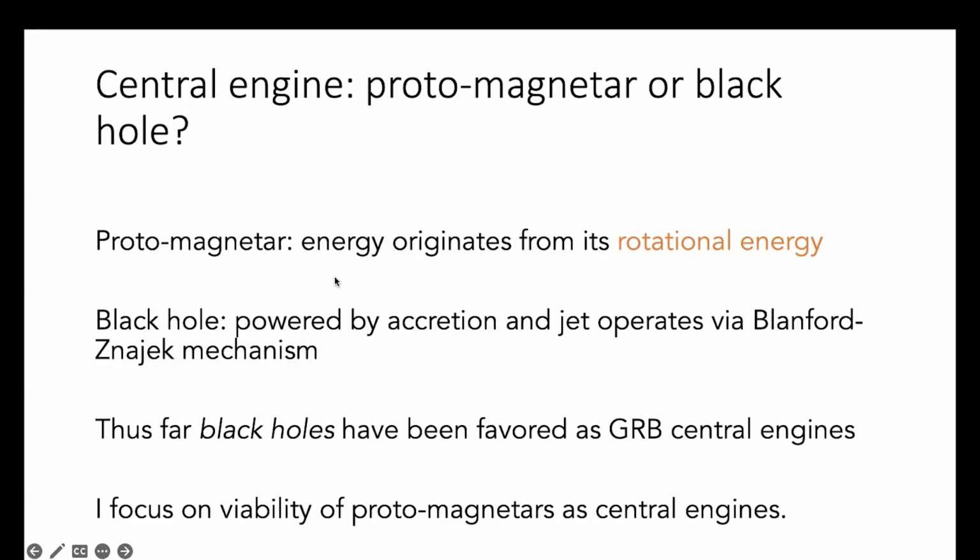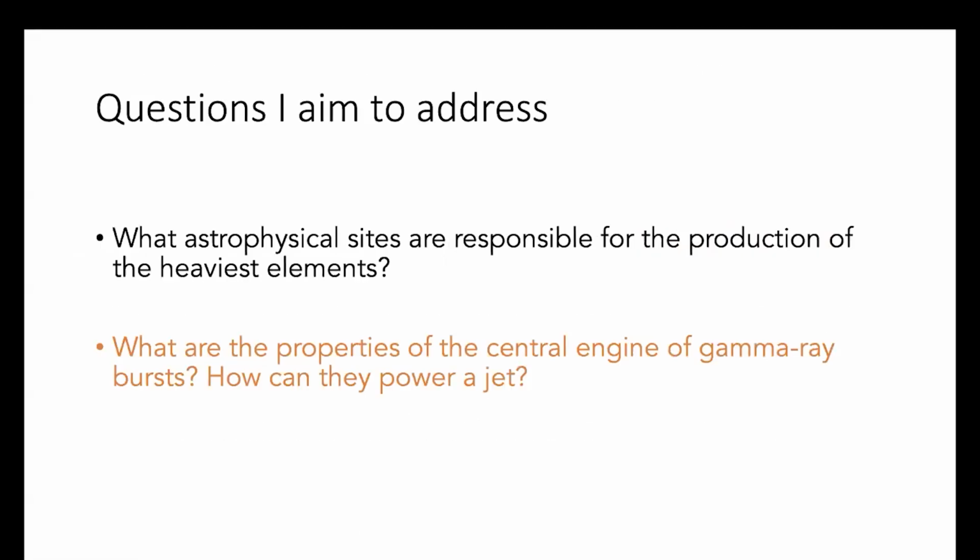And the jet operates via the Blandford-Znajek mechanism. Thus far, actually, black holes have been favored as GRB central engines, but I'm focusing on proto-magnetars as a viable alternative. So these are some questions I aim to address.